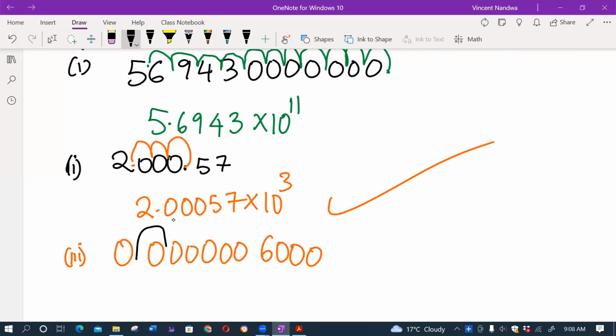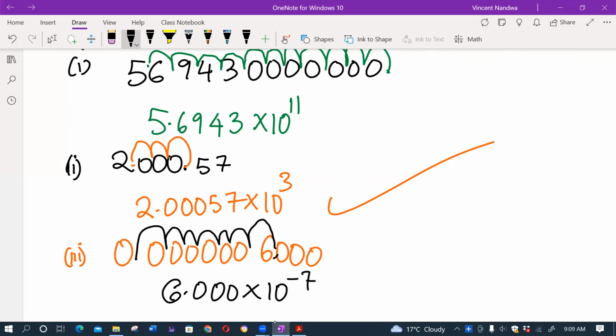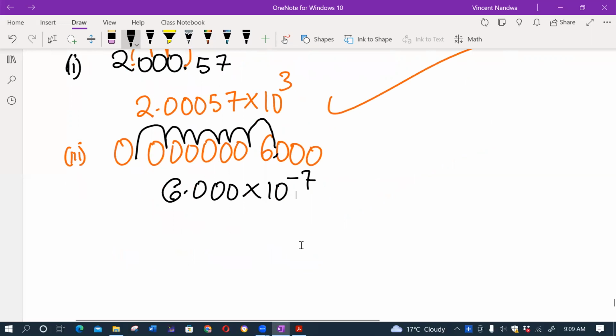So I have 1, 2, 3, 4, 5, 6, and then 7. So this will give us 6.000 times 10 raised to power negative 7, or simply 6 times 10 raised to power negative 7.